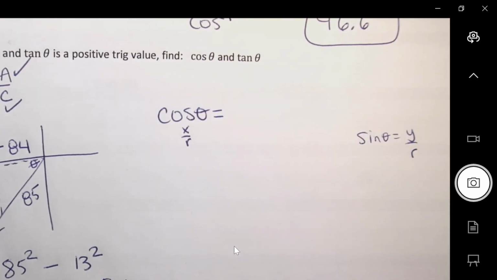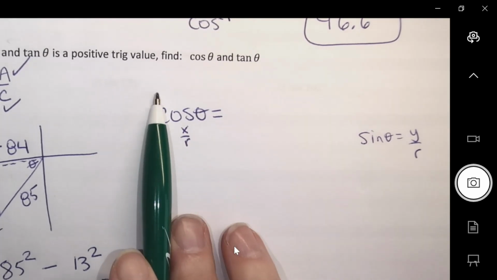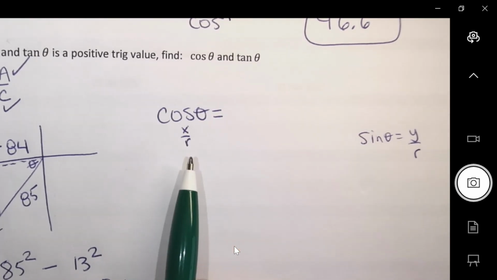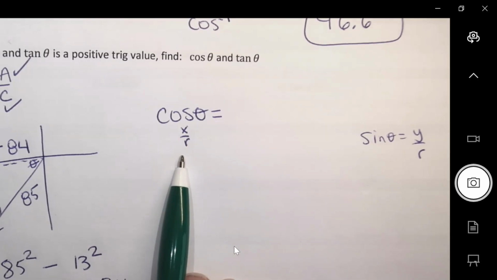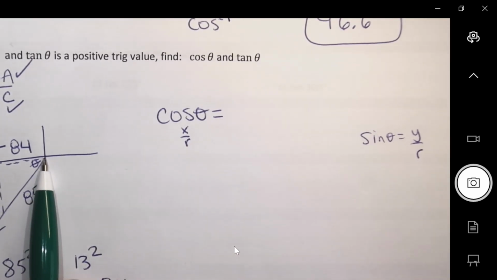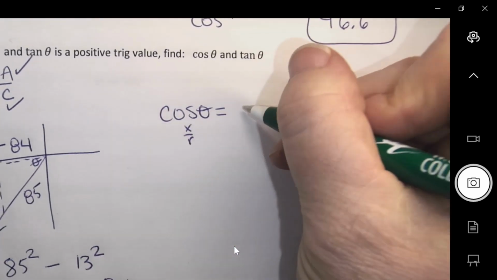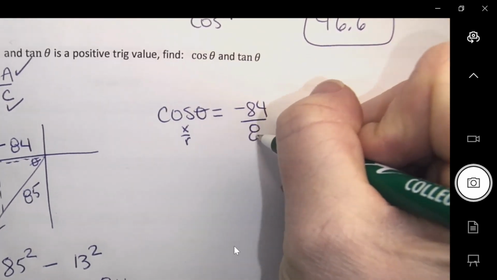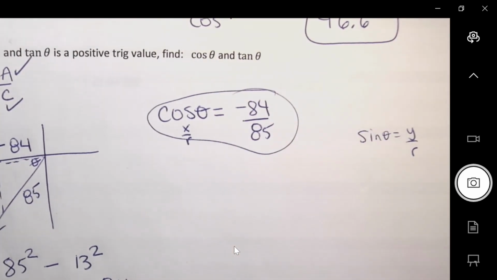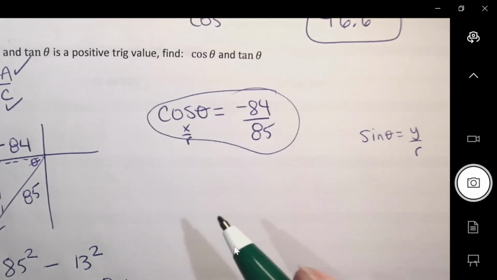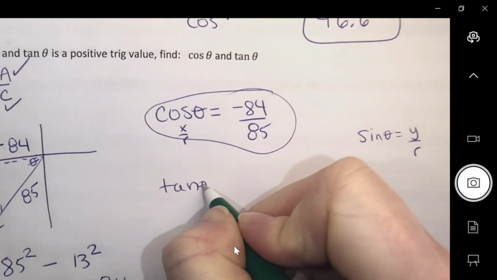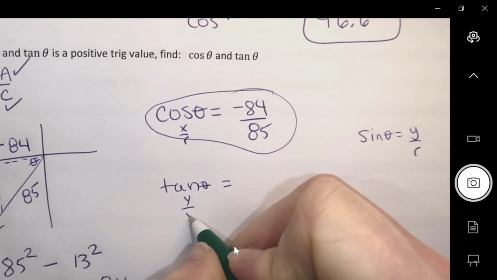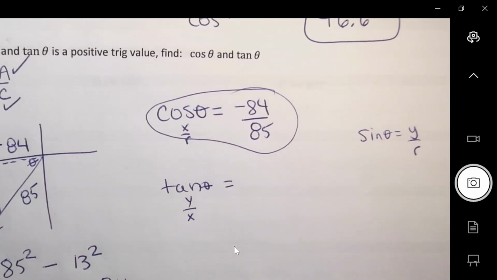So now you can look at your formula sheet. The cos theta would be the x over the r. If you are SOHCAHTOA, what's the adjacent over hypotenuse? Okay. And then the tan theta, on your formula sheet, if you looked, it would say it's a y number over an x number.